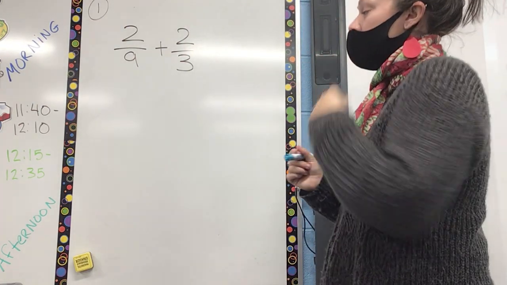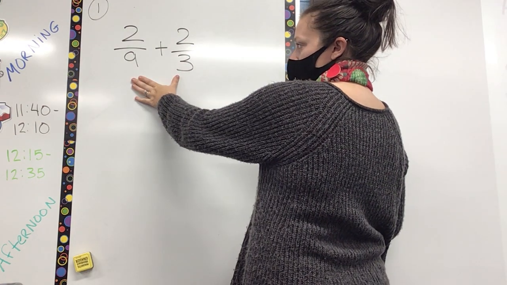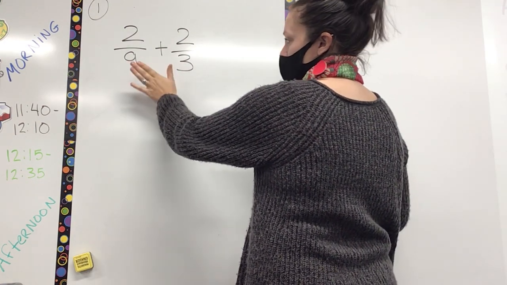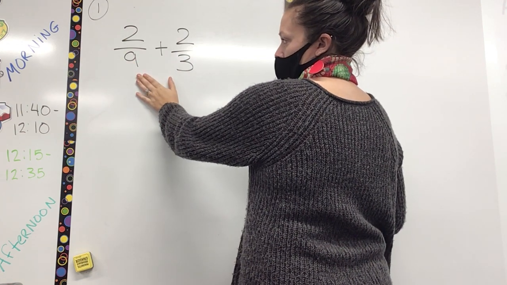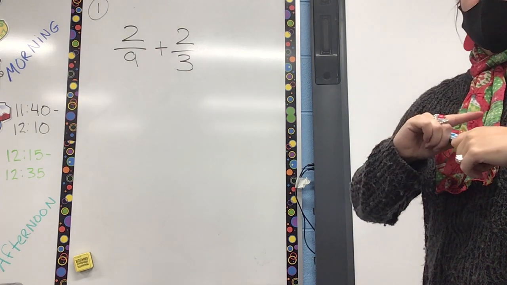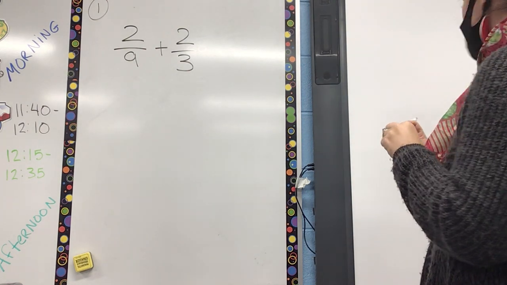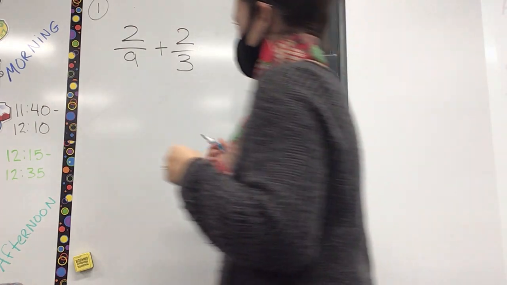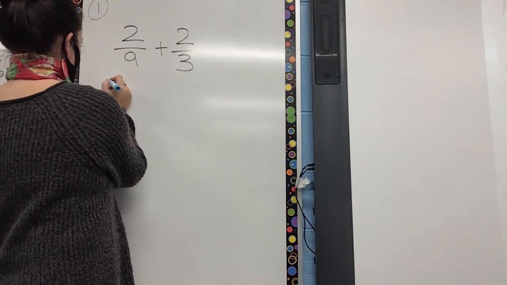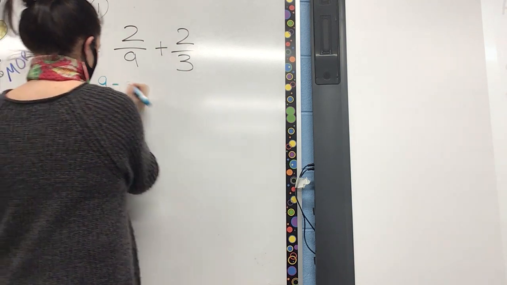All right, here we go. I always want to check my denominators, right? Do I have like denominators? No, so I cannot add right now, okay? They are different numbers. I have to fix that. So, my first step when you look up here is I need to make a list of my what? My multiples. So I have 9 and I have 3, okay?